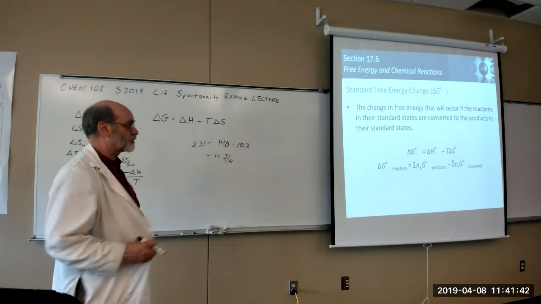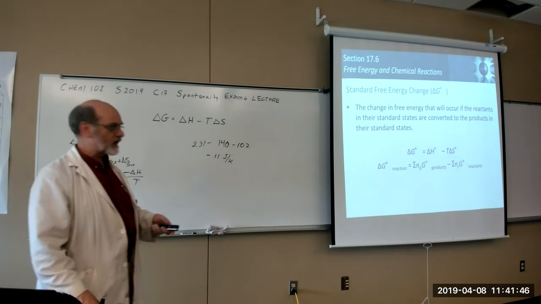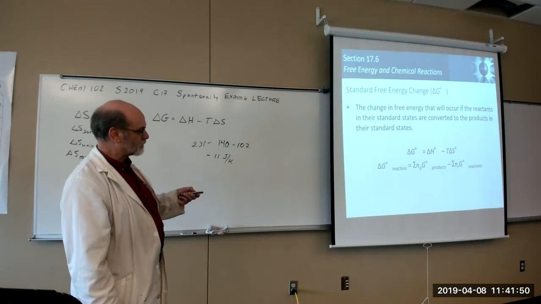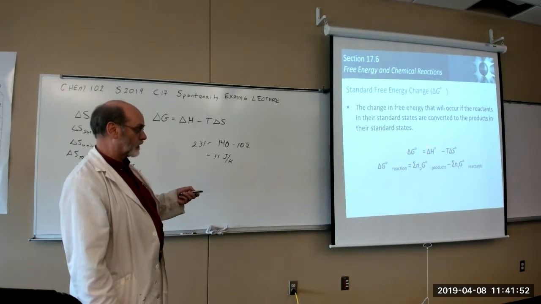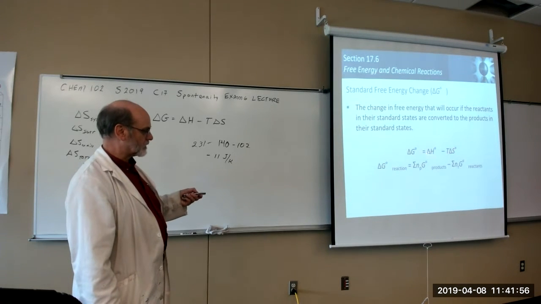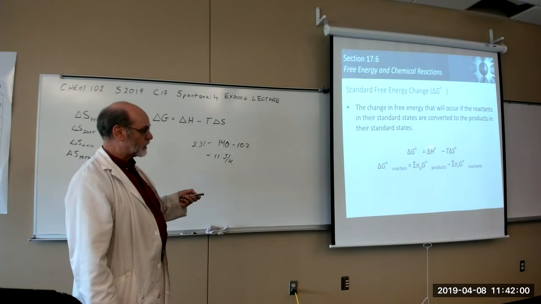We can do the same thing with free energies. We also have those values calculated in tables. Up to this chapter, we've only worked with these values, but there are standard values for these and standard values for those. And like any equation, if you know these and these, you can find that one.